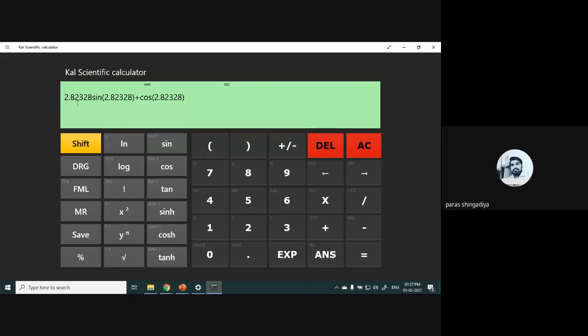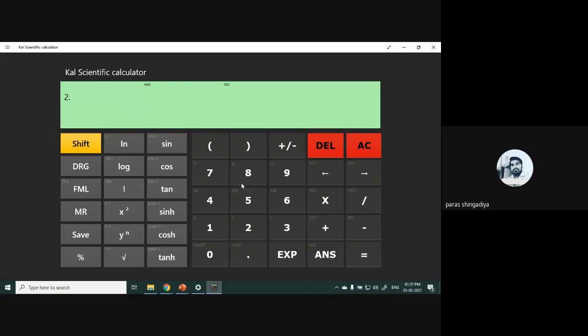The value of x1 we have is 2.82328, in x into sin x plus cos x. First check that the calculator should be in radian mode, and then type this form. So it will be minus 0.066178647. This is the answer of the function. And now let us check the derivative output, and we have the derivative x into cos x.